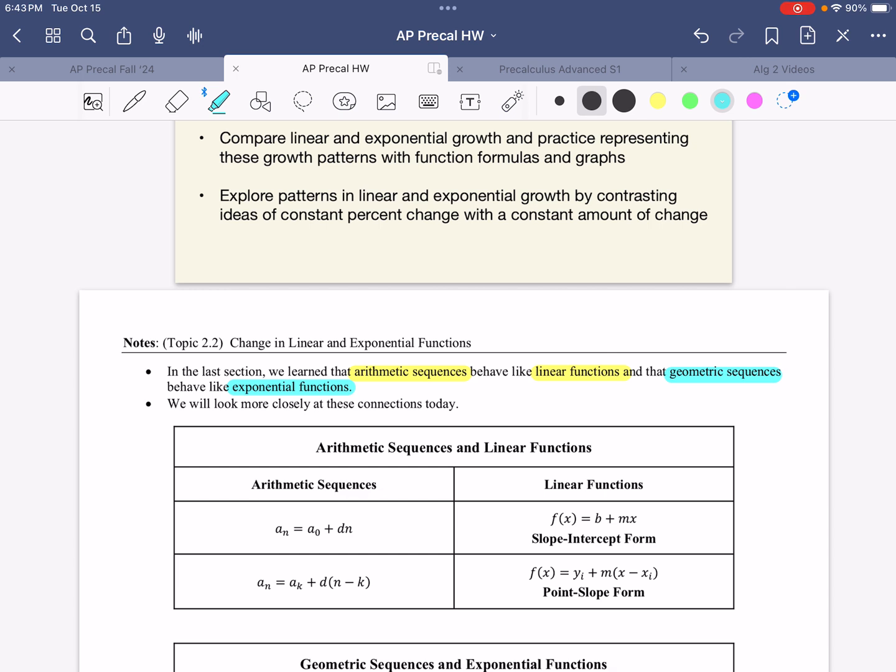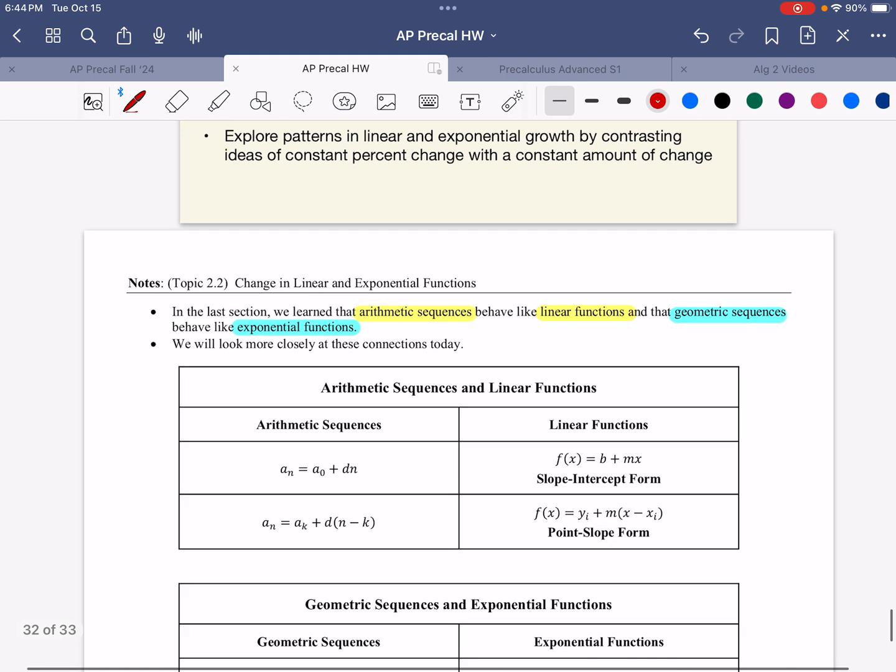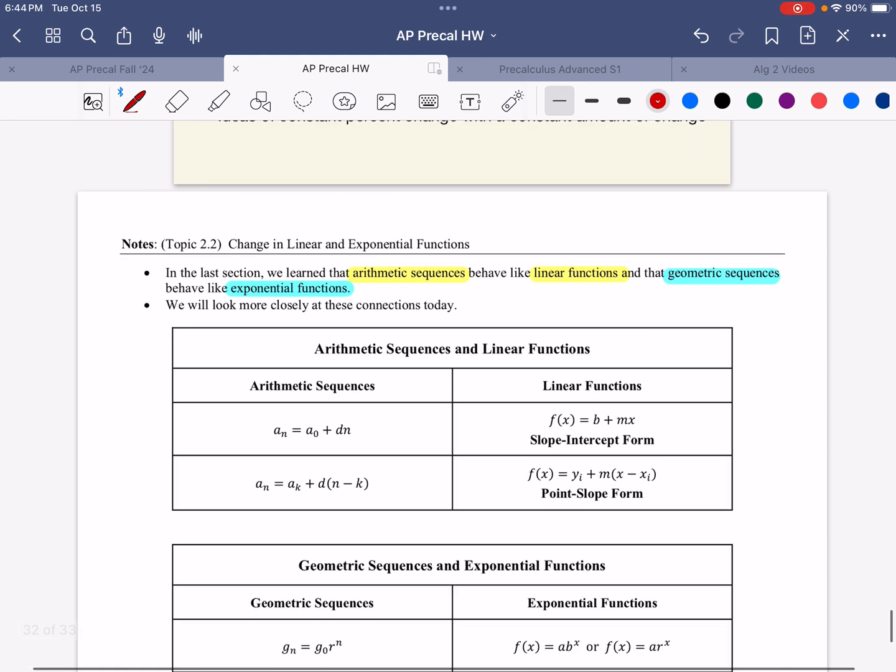So as far as arithmetic sequences go, last class we said there were two ways that we could represent an arithmetic sequence. We said that for a future value in the sequence, we needed the initial value or term 0.